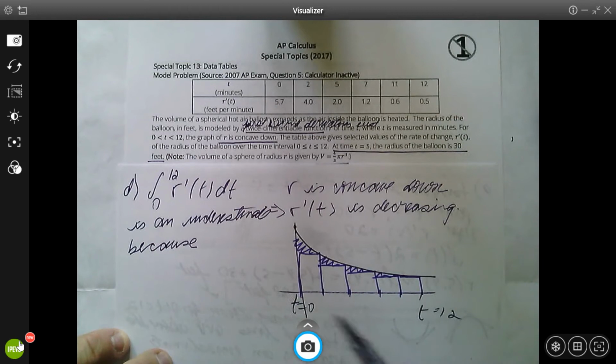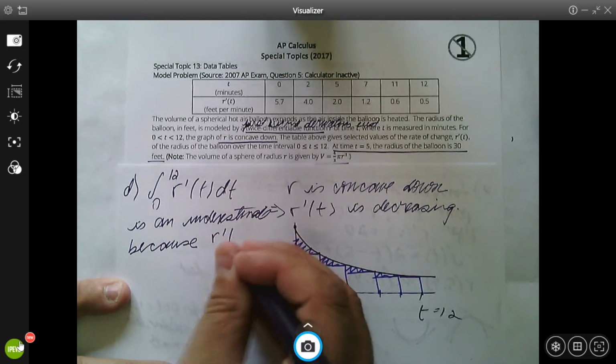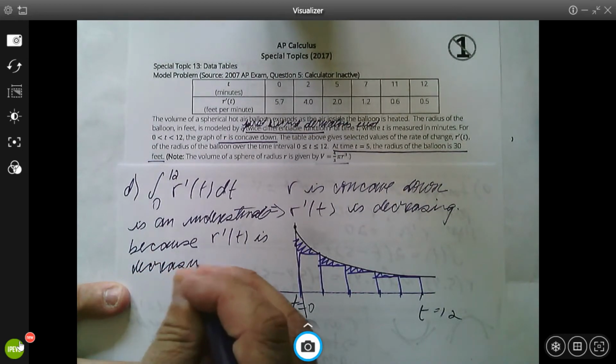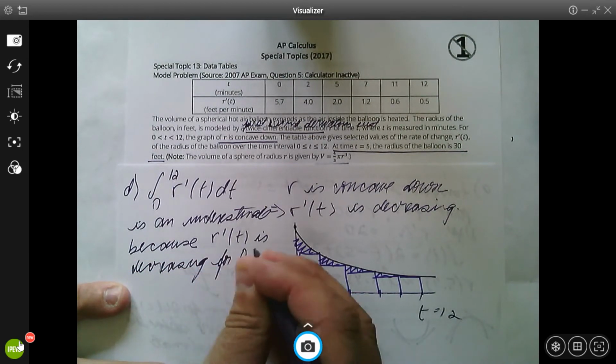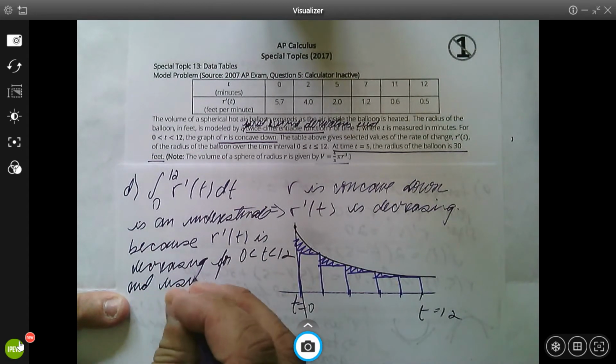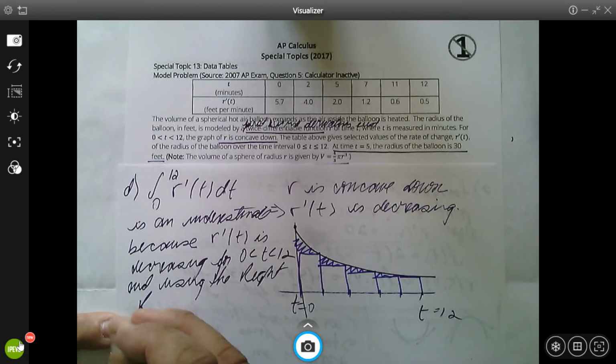This graph that we did over here, although it is masterfully drawn, isn't going to get it. You have to mention the behavior of the function, because r prime of t is decreasing for 0 less than t less than 12, and we are using the right Riemann sums.